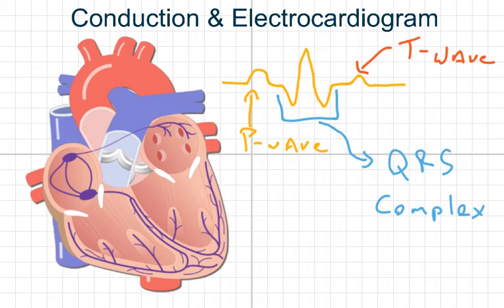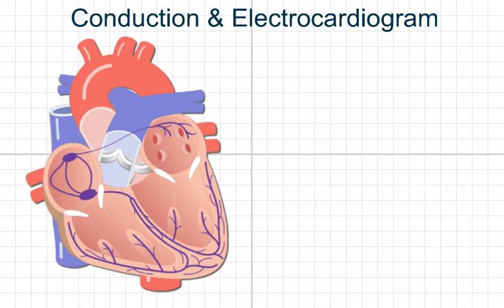And why is it important to know what the components of the electrocardiogram waves are? It's because it allows us to know what exactly is going on with the heart. And so let's actually show what we can see with what's going on with the heart. So for right now, let's go ahead and make a bigger PQRST electrocardiogram wave here.